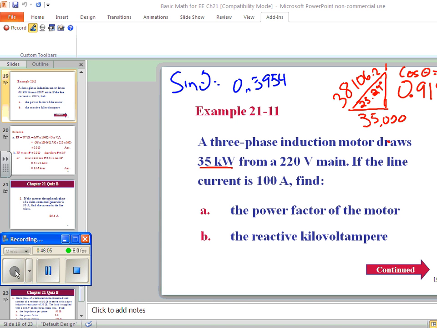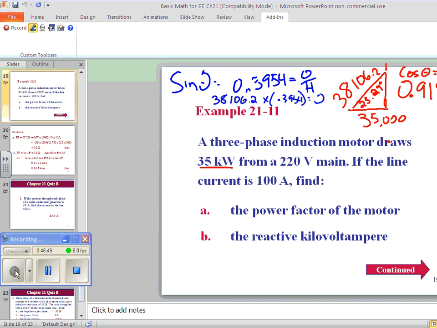So we think that the sine of this angle is 0.3954, and if that's true, that is O divided by H. So we know the H is 38,106.2, so we're going to multiply 38,106.2 times 0.3954, which is the sine, and that'll leave us with the side opposite, which is our vars.